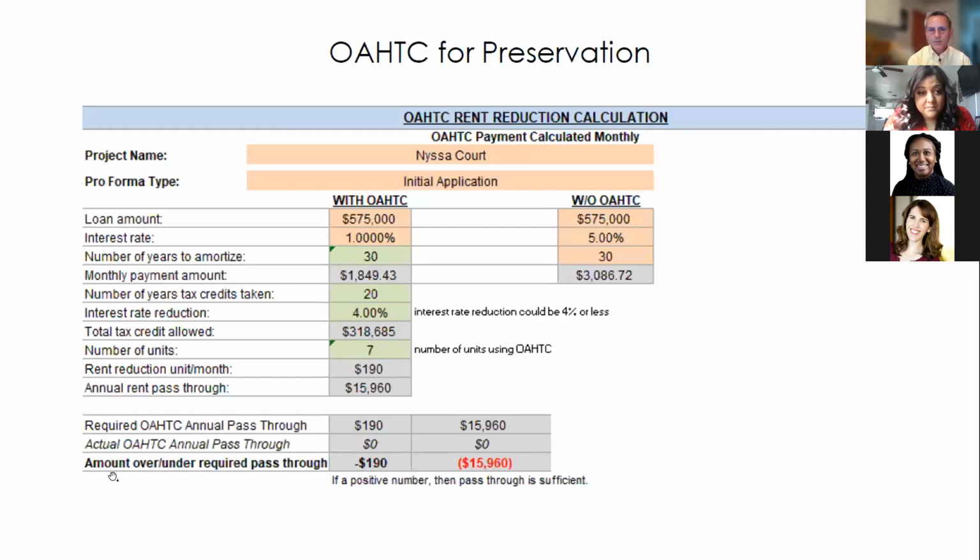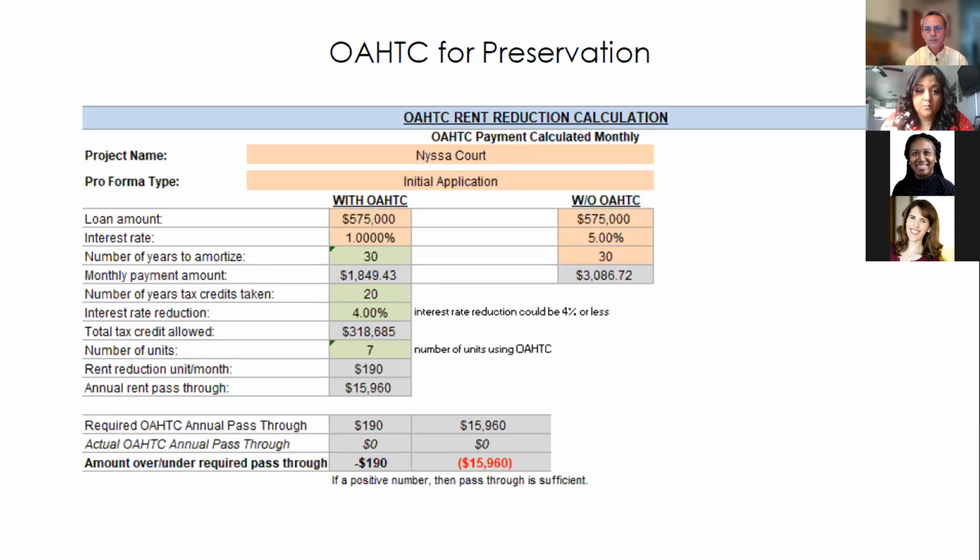I wanted to touch on this, and then we'll have to wrap this up and move on to Shelley, and then leave a little time for questions. But as I mentioned, the Oregon Affordable Housing Tax Credit for preservation projects is really a valuable tool. This shows side by side for the same loan amount, $575,000 at 1% interest rate, your monthly payment would be $1,850.